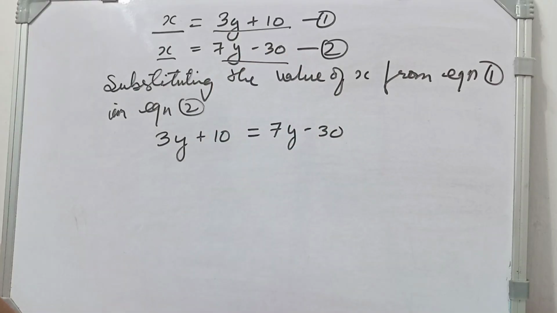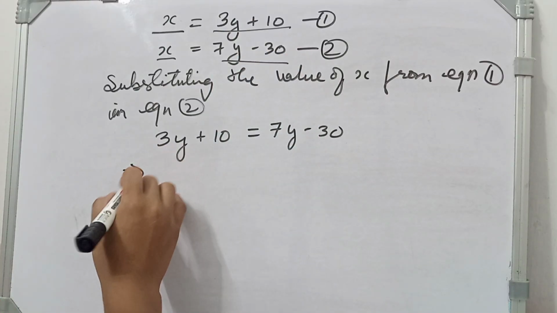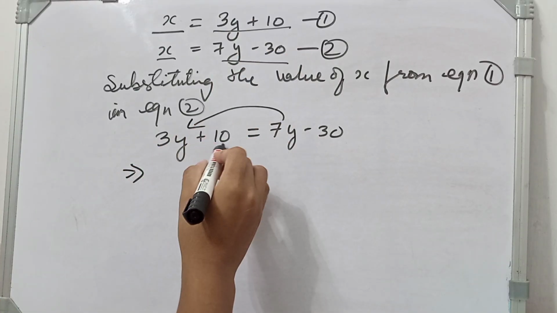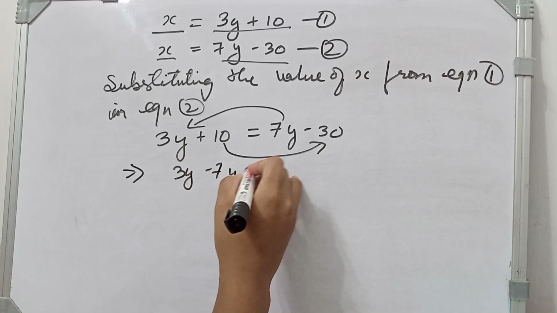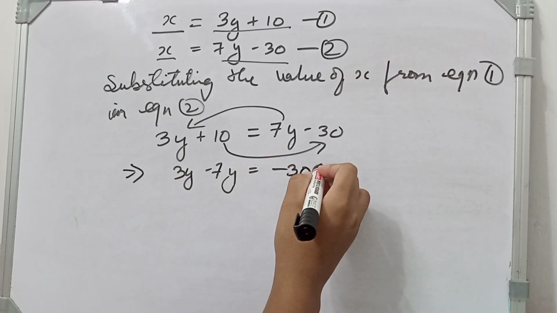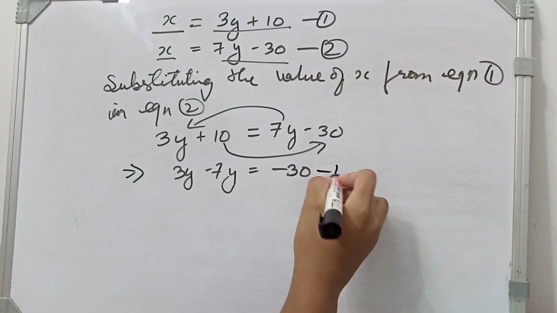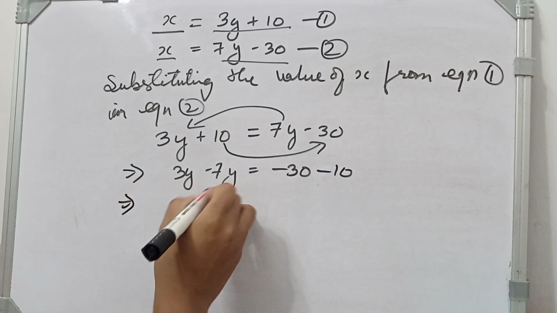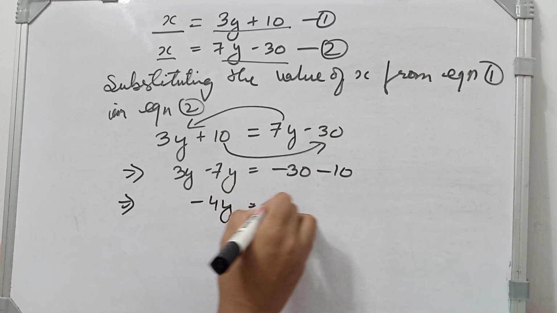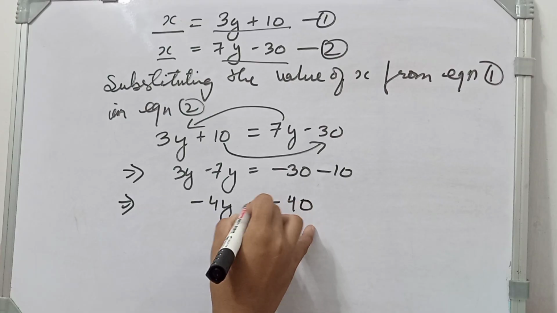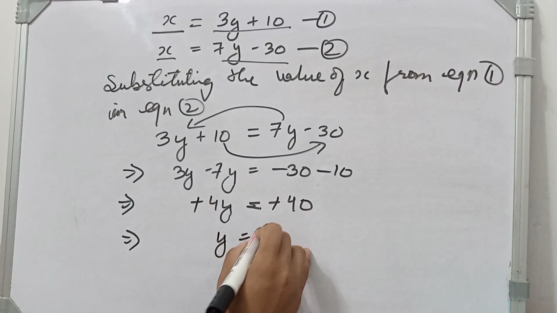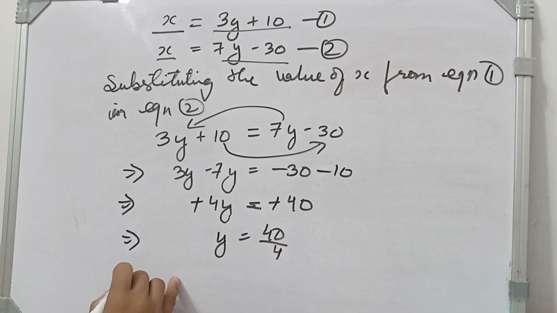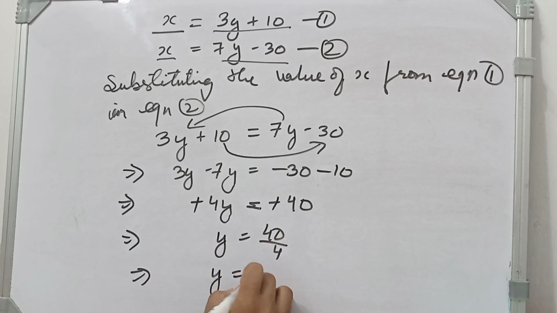Okay, so 3y minus 7y is equal to minus 30 minus 10. So minus 4y is equal to minus 40. Now the minus signs cancel. So y is equal to 40 by 4. So y is equal to 10.